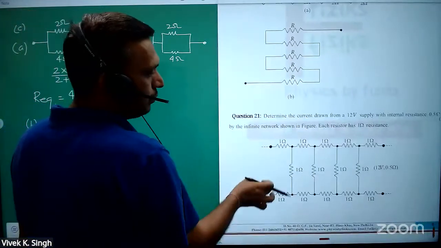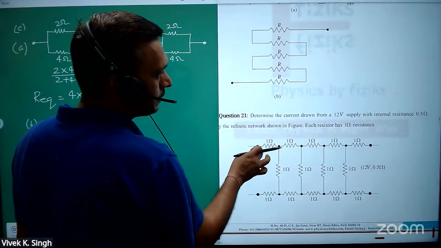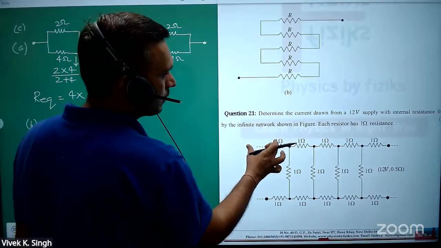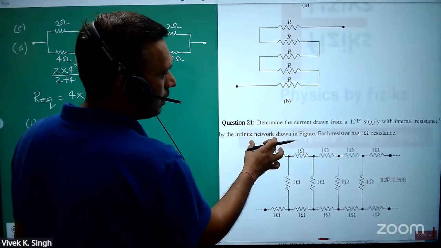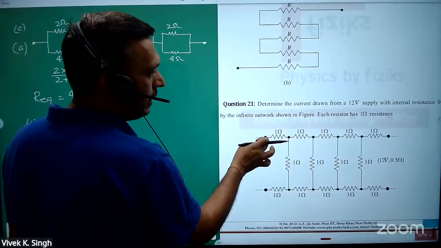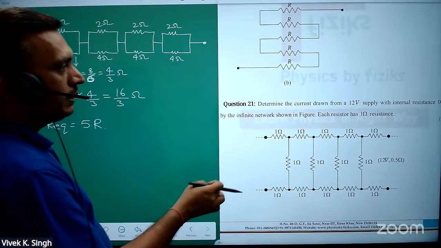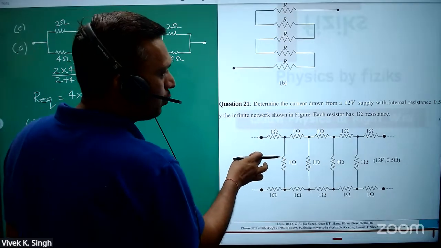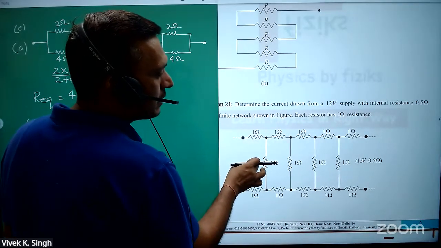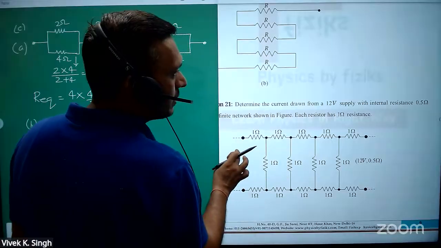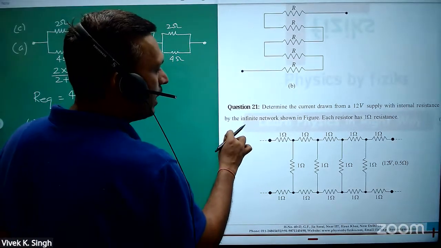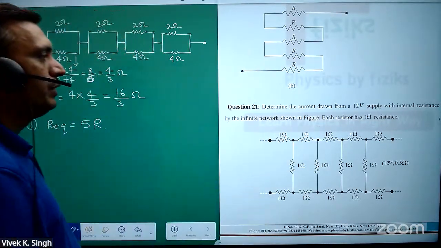So now you have one last question. You have to find the equivalent resistance. Determine the current drawn from a 12-volt supply with internal resistance of 0.5 ohm by the infinite network shown in the figure.